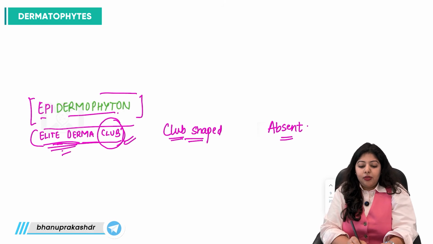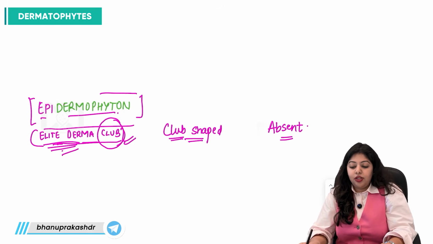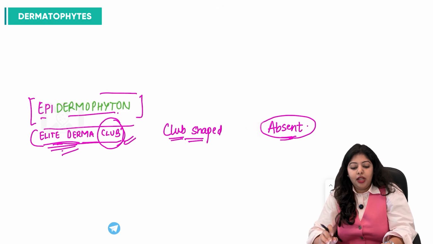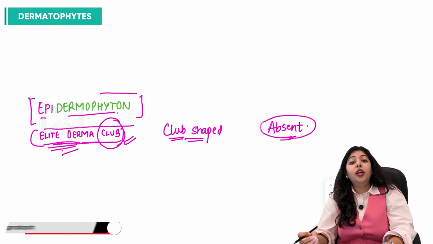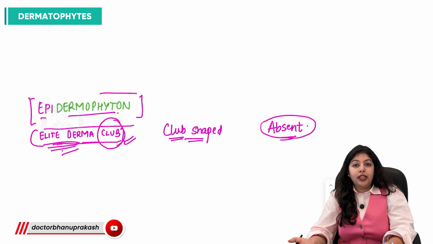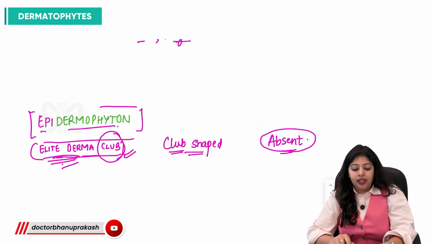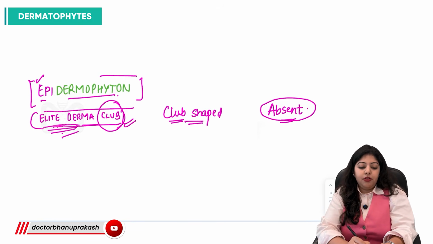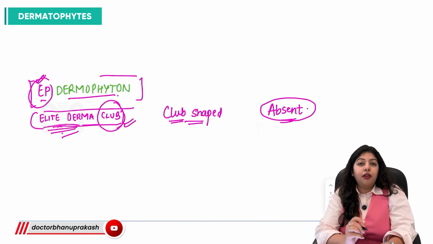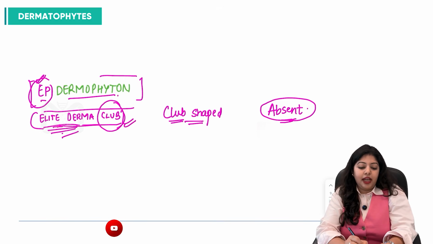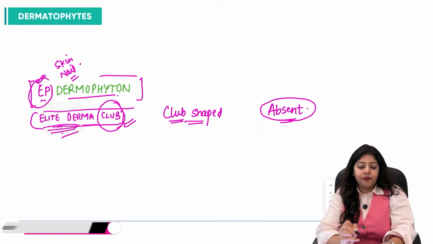So remember, elite derma club for club shaped, and elite for absence of any microconidia, right? So what are these Epidermophytons affecting? Epi means above, and above on the finger we had skin and nail, right?